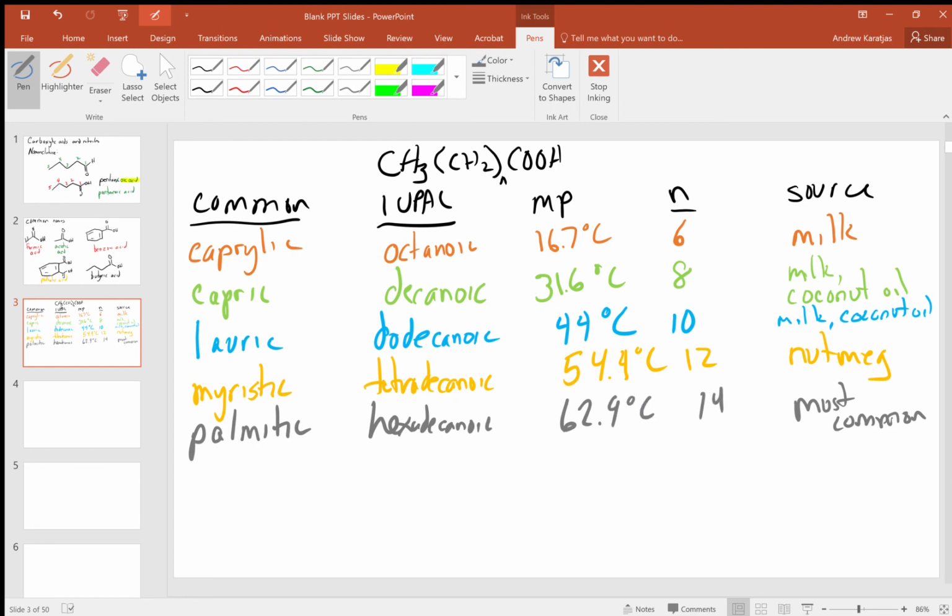But palmitic, as well as the next one at 18 carbons, stearic, these are very commonly found in things like olive oil and other cooking oils. And as we said, these are the two most common saturated fats that we have.